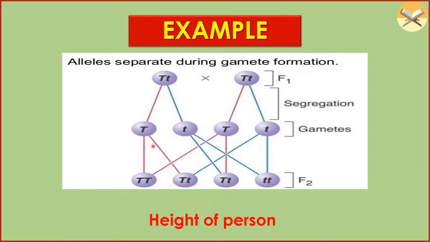Capital T gets separated from small t, and this capital T is separated from small t, and the gametes are formed. This separation of the alleles or genes is actually called the law of segregation. Then these gametes get crossed and take part in the formation of the next generation.